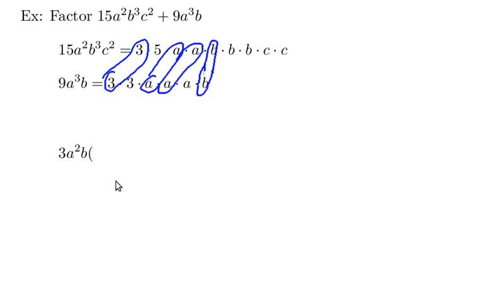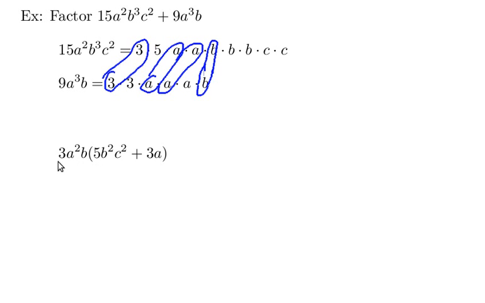So what's left on the inside is going to have 1 5 for the first term, 2 b's, so 5b squared, and then 2 c's. Okay, and what's left for the second term is just 3a.